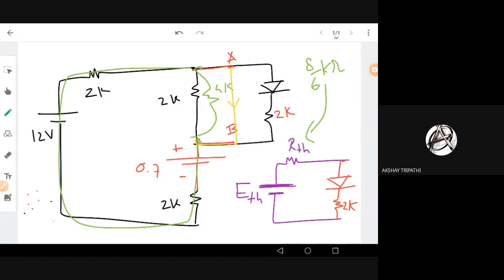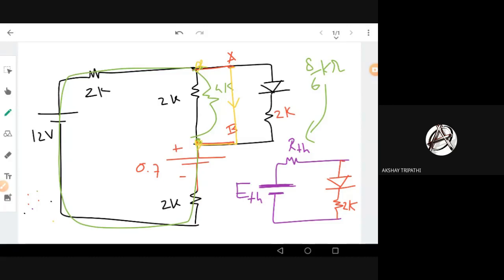Norton theorem and Thevenin theorem are both usable, since I can convert a Norton circuit into a Thevenin circuit very easily. Norton current is nothing but E Thevenin by R Thevenin. We divide the Thevenin voltage by the Thevenin resistance to get the Norton current. And if you multiply I Norton by the resistance in the Norton circuit, we get the Thevenin voltage. That's another option. Okay.